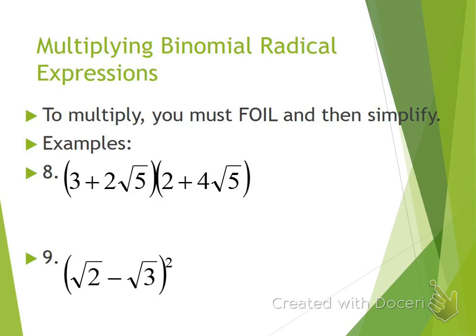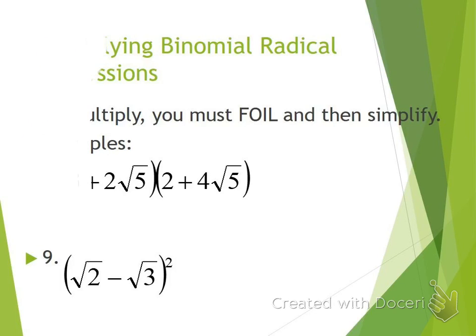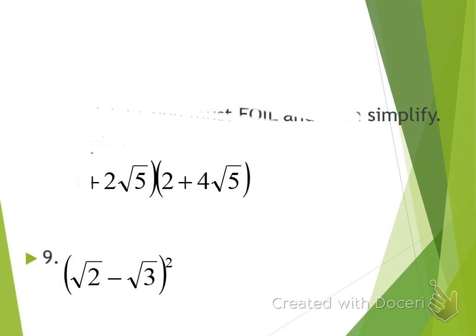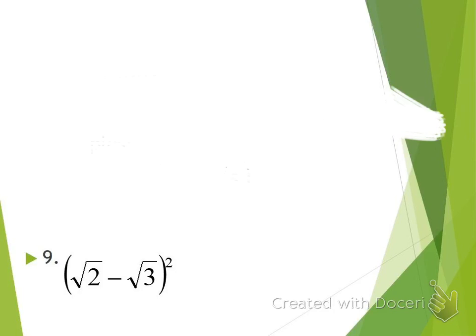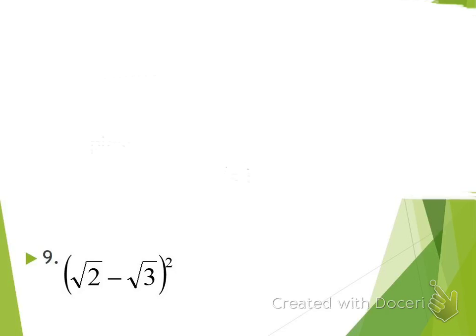All right, when we are squaring something, like on number 9, that means we're taking it multiplied by itself twice. So I'm going to create some space up here to write this out expanded. And then we'll work through it.